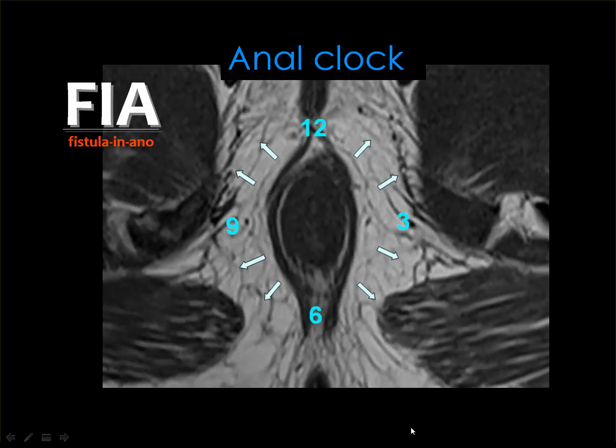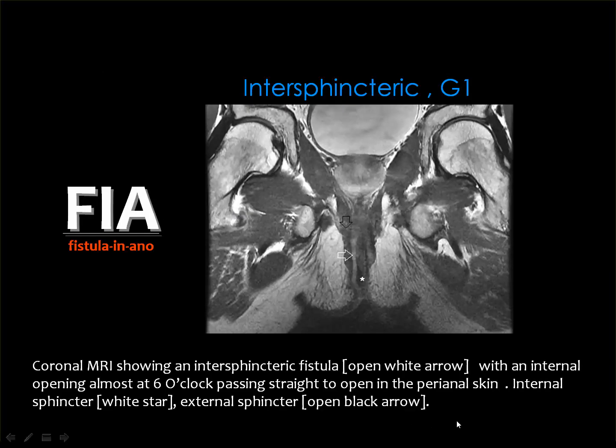Then we start first with the intersphincteric simple fistulous tract, which is classified as grade 1. And you see here, there is a linear tract of relative bright signal, because this is a T2 weighted image and a coronal image.